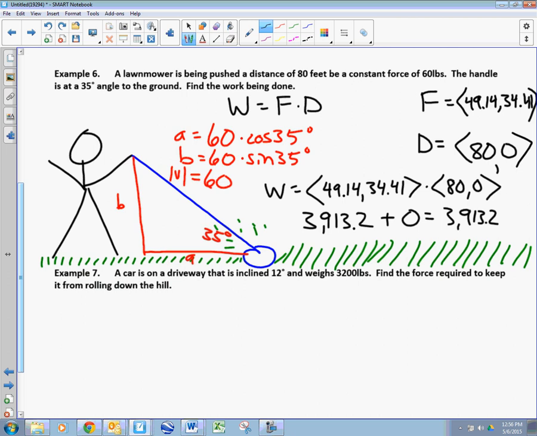What's distance measured in? Feet. So we have foot pounds. Foot pounds of force, not foot over pounds, not pounds over feet. Torque would be foot pounds squared. See that? Not too bad, huh?